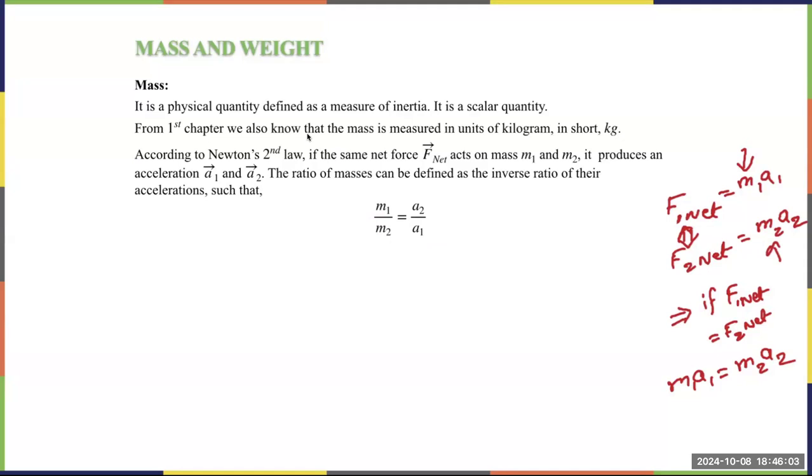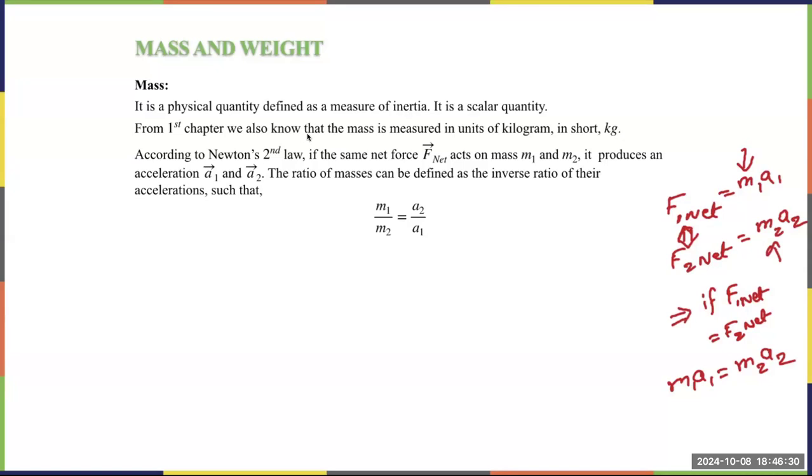We really don't need to know the exact value of the force. We just need to know that if I'm applying an equal amount of force, then this is true. So I can find the acceleration for the car or for the ball.